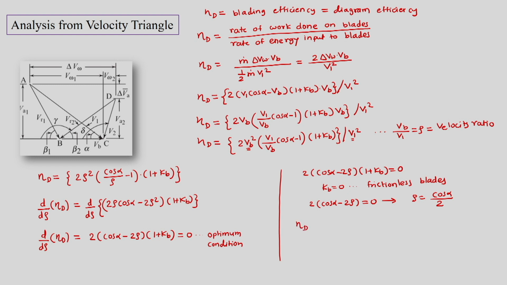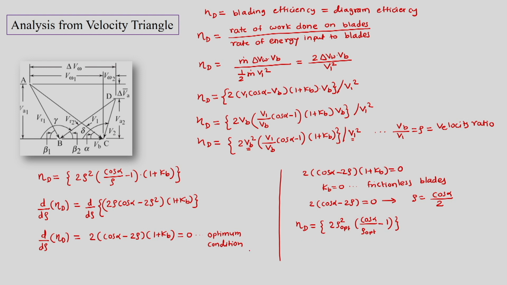So, diagram efficiency can be written as 2 rho optimum square into cos alpha upon rho optimum minus 1.